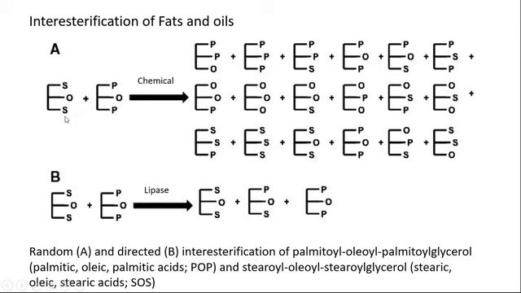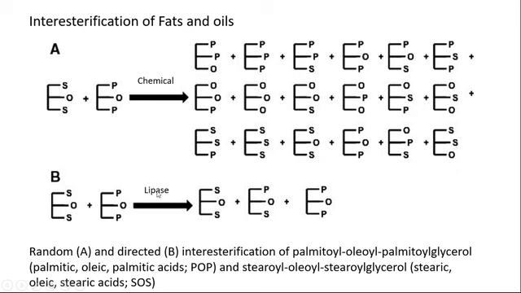So you see you have SOS. You have an S over here, and then you have a palmitate in the SN3 position. You can get all the three S, you can get with the oleic acid. So here, when you use chemicals for interesterification, it becomes a random process.